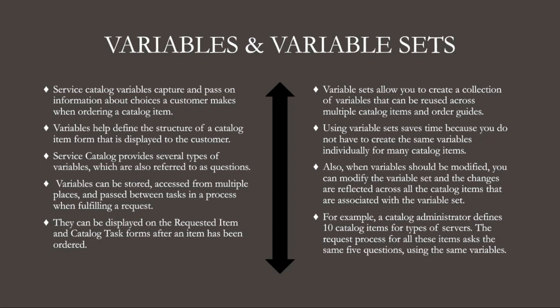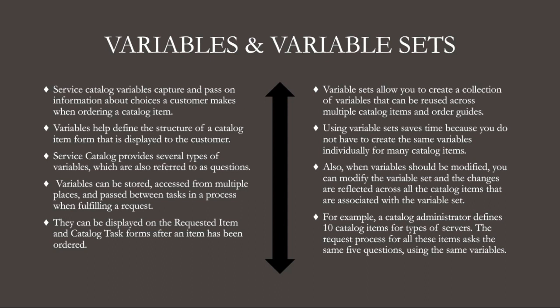Variables can be stored, accessed from multiple places, and passed between tasks in a process when fulfilling a request. They can be displayed on request item and catalog item forms after an item has been ordered. Suppose an item is ordered, you have some variables displayed on RITM level. You can display those variables in the catalog task form as well.